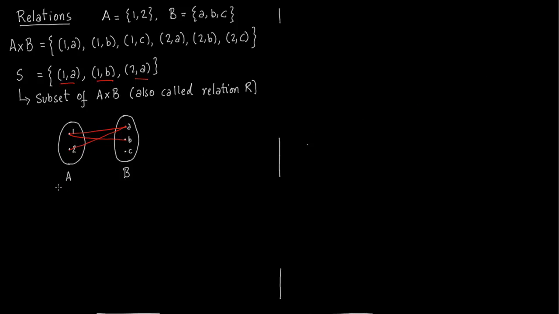So the elements of set A are called the domain of the relation. And these elements a, b are called the range of the relation. I'm writing in dark blue, so focus on it closely. So this is called the range of the relation.